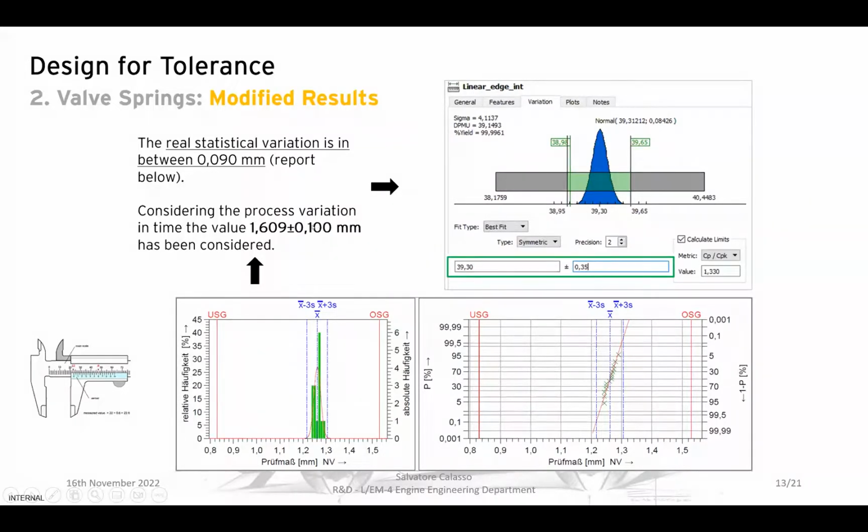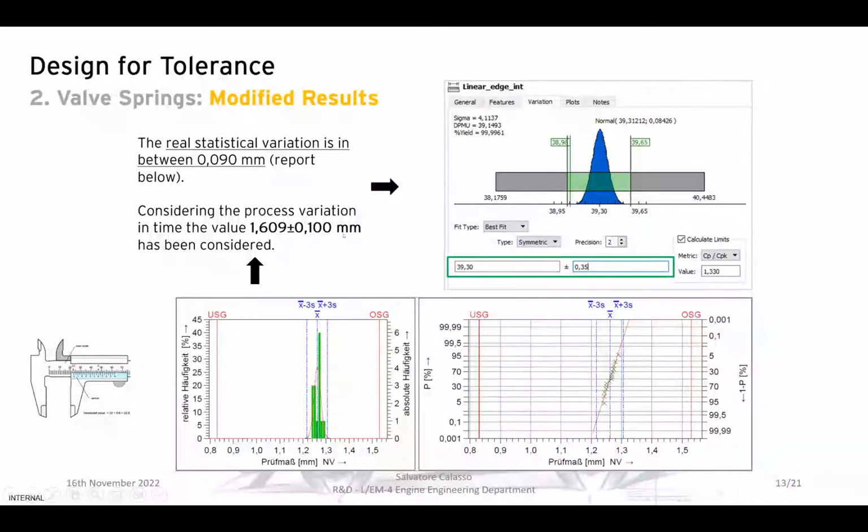So it has the possibility to have a very tight tolerance variation, but we should introduce a check to the different batch in the time.